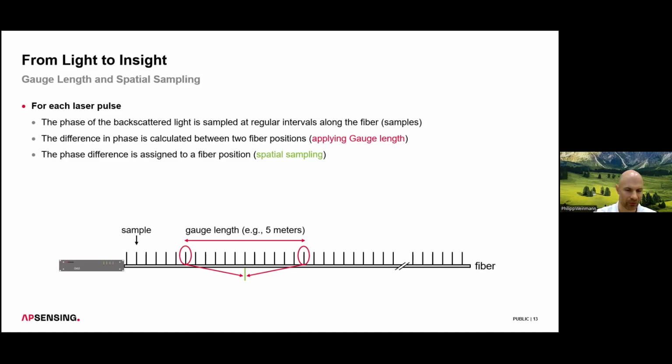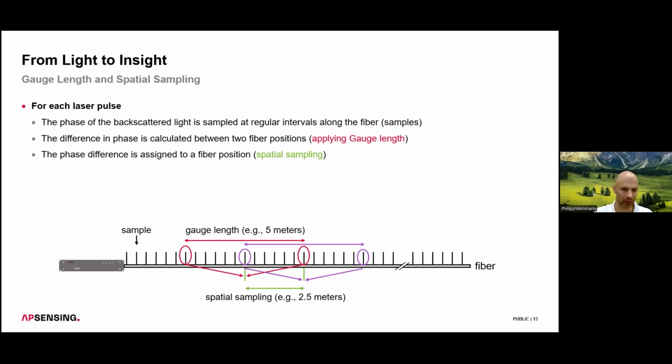And this phase difference is assigned to a fiber position, this value. Now we do the same calculation also for other samples. And in that case, we assign the new value to a different spatial sampling.